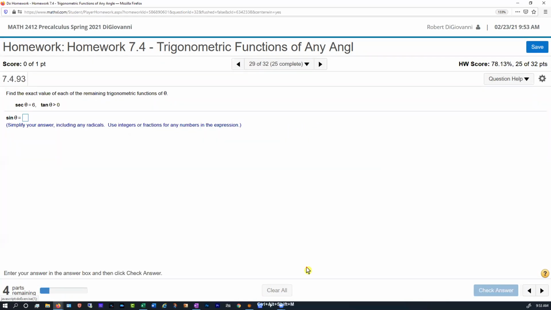All right, so secant theta is 6 and tangent is positive. So all students take calculus. If tangent's positive, it's got to happen either in the first or third quadrant. So we can't be here, can't be here. And now secant is the reciprocal of cosine.